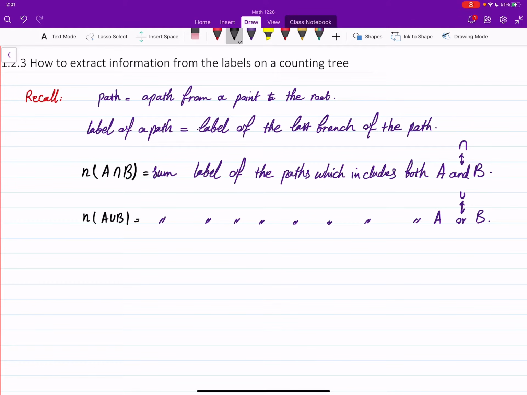Well, as a result of these, if you have a set and you want to find n of B, if it is in the first level, that will be the label on the branch. If not, again, you sum the labels of all the paths which include just B. So these are basically the key points for us.